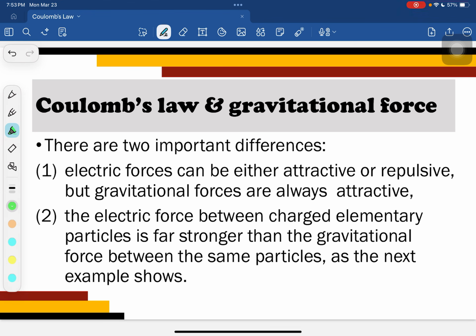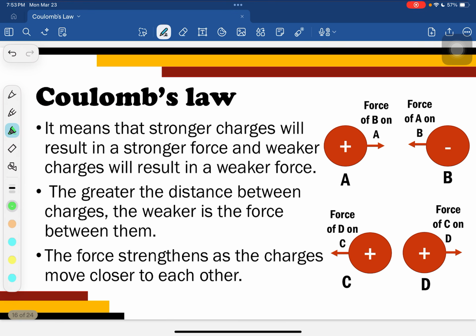They only have two important differences between Coulomb's law and gravitational force. Electric forces can be either attractive or repulsive, but gravitational forces are always attractive. The electric force between charged elementary particles is far stronger than the gravitational force between the same particles, as the next example shows.